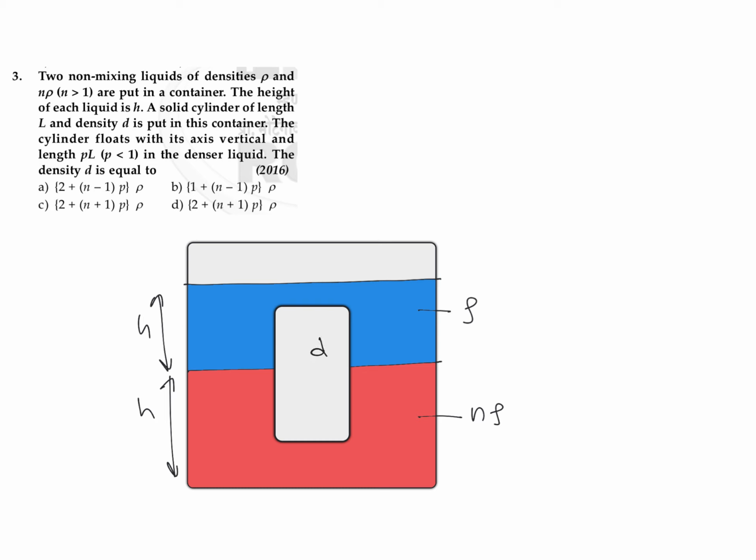The cylinder floats with its axis vertical and length P into L, where P is less than 1, is in the denser liquid.